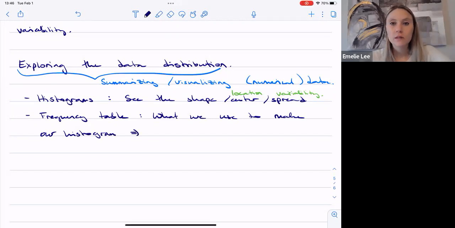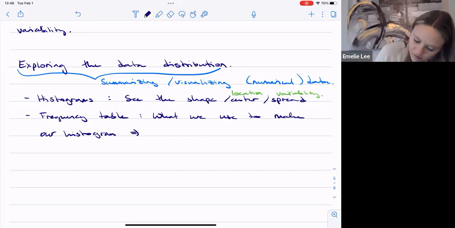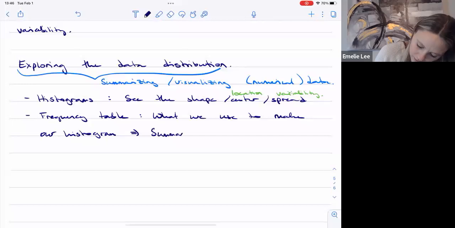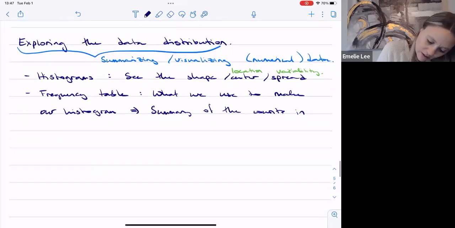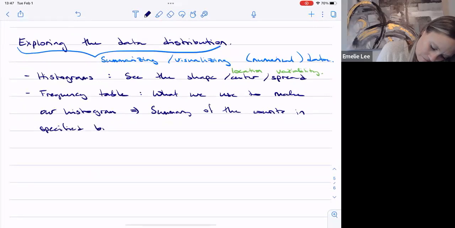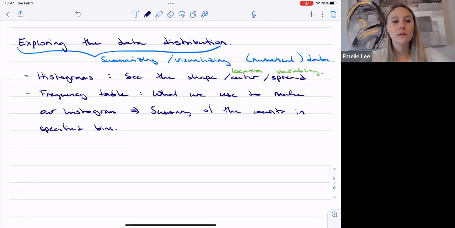It's a summary of the counts in specified bins. And then we just visualize that with our histogram.